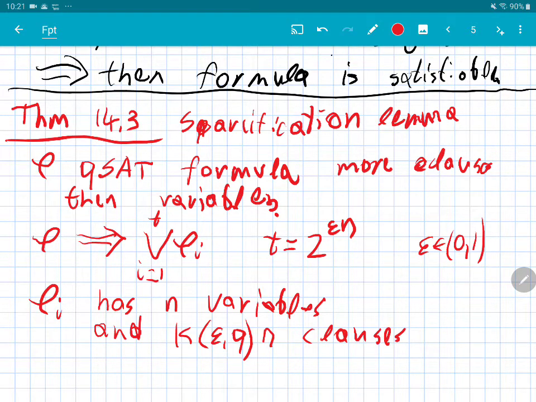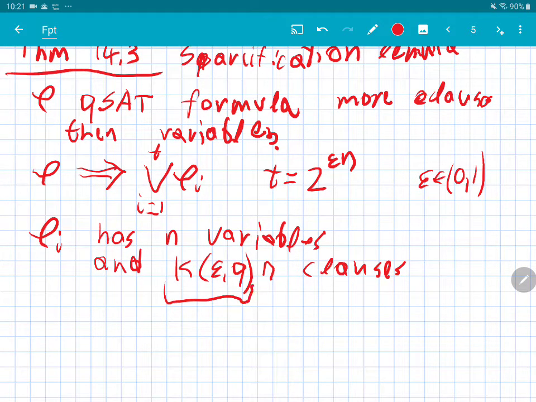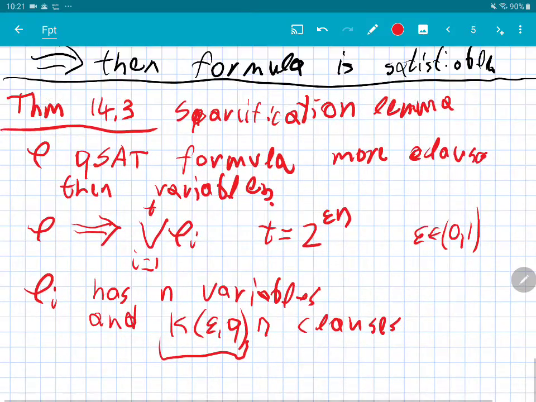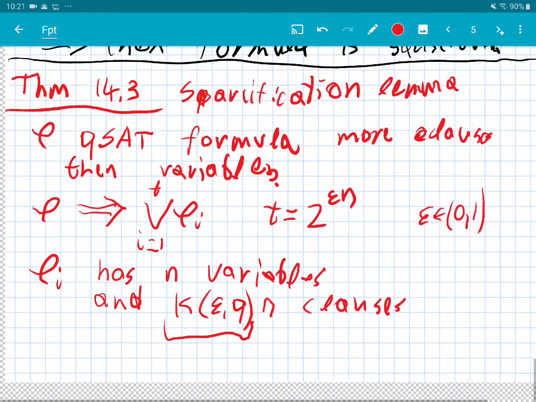So there is some universal constant, and each one of those formulas phi_i is going to have essentially a linear number of variables and a linear number of clauses, where the linear constant gets worse as you change epsilon. But that's what the sparsification lemma says, right?